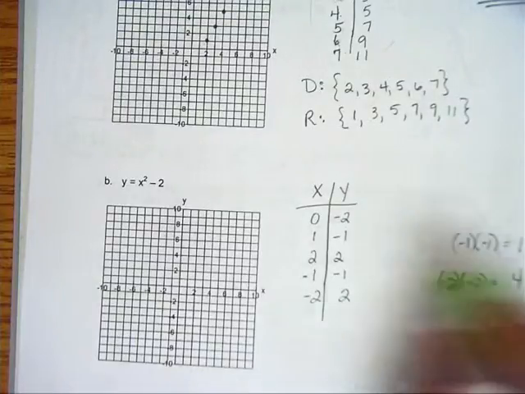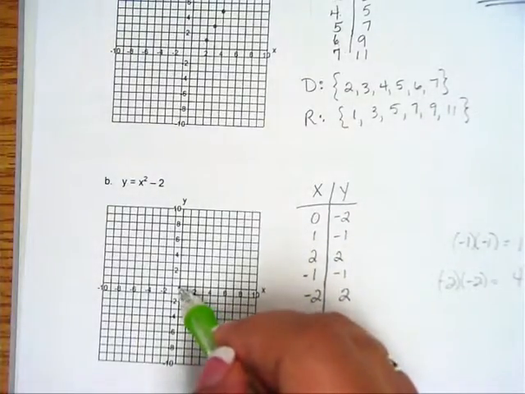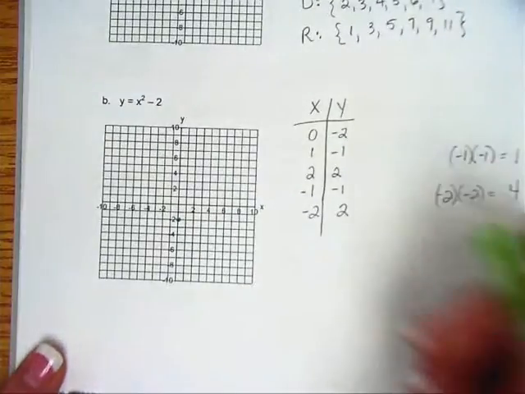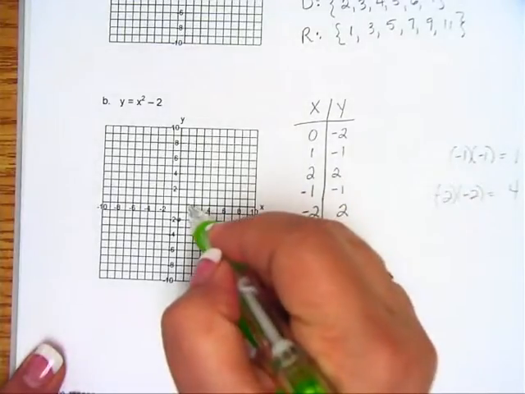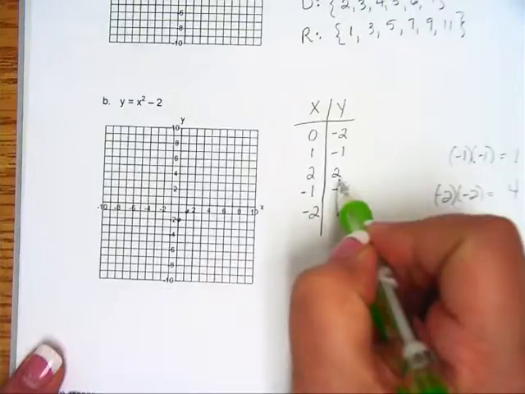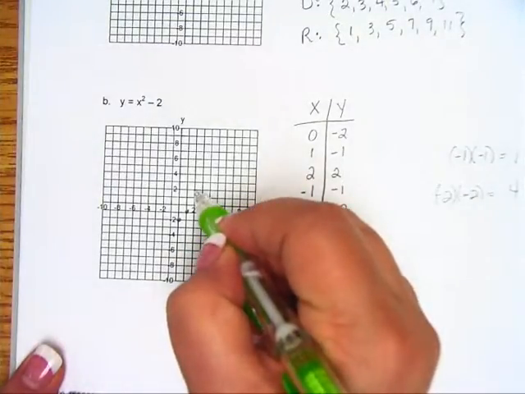So we're going to do that now. At 0, my y is -2. At 1, my y is -1. At 2, x of 2, my y is 2.